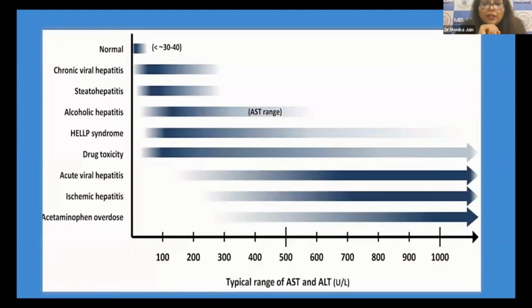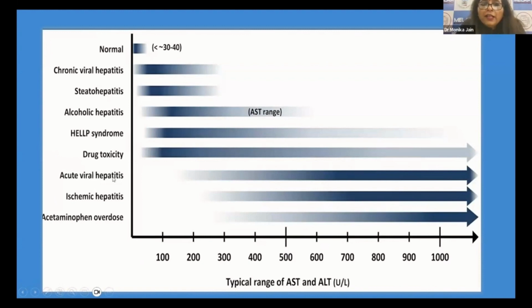Not only the ratio, but the range in which we get the report of transaminases can also lead to some suspicion in our mind about which causes to look for. Suppose the patient is coming with transaminases in the thousands, then what causes should we suspect?